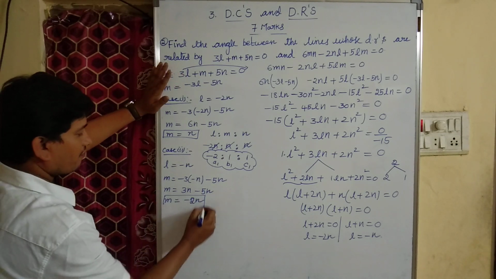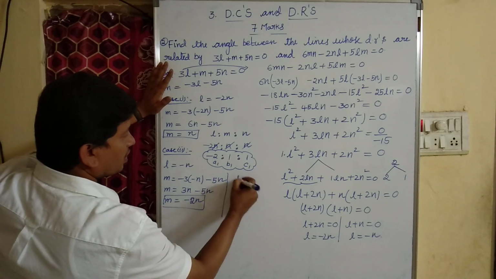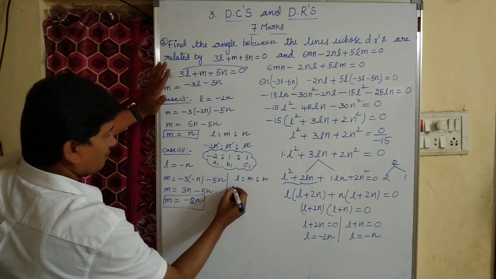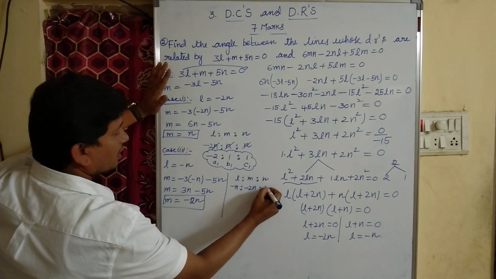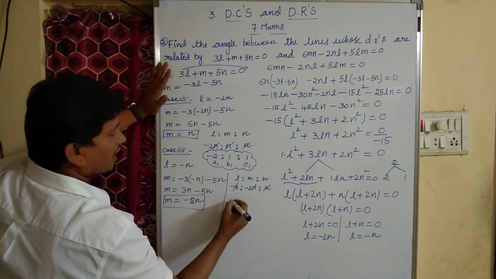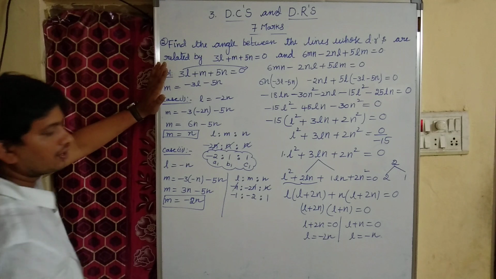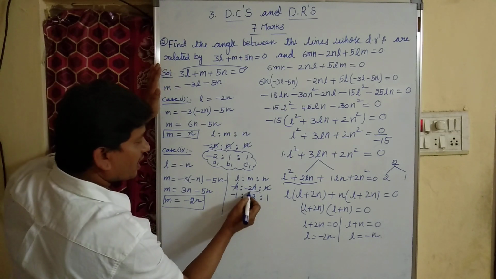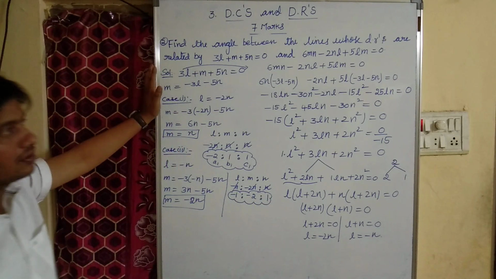So we got m value minus 2n. So let us find whose DRs. L is to m is to n. L value minus n, m value minus 2n is to n. n gets cancelled. Minus 1 is to minus 2 is to 1. Right? So what are the DRs of the second line? The DRs of the second line are minus 1, minus 2 and 1.